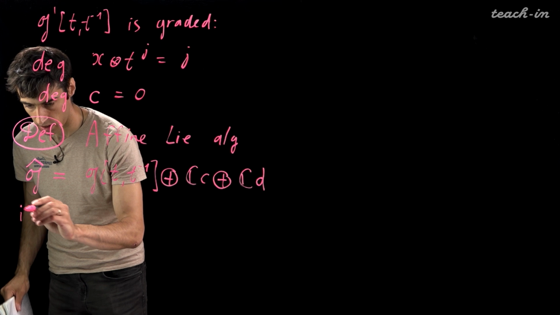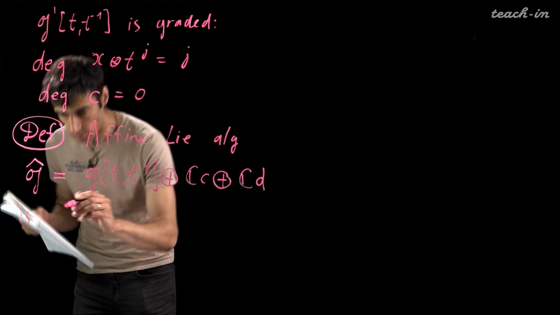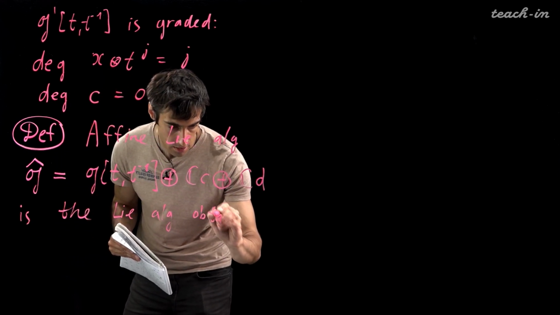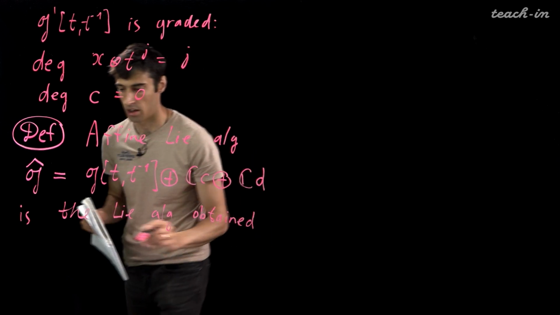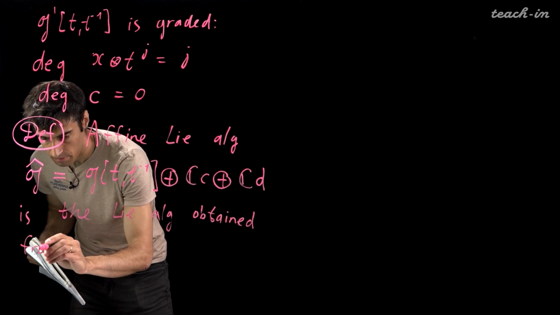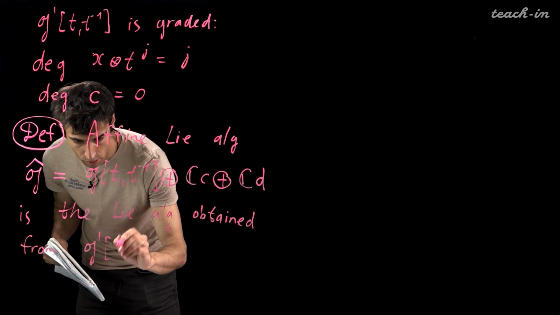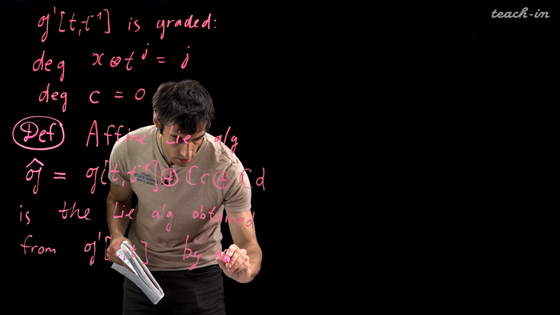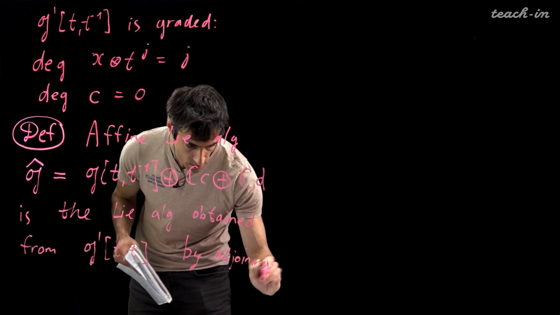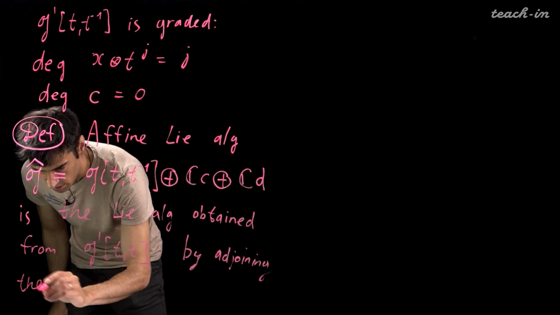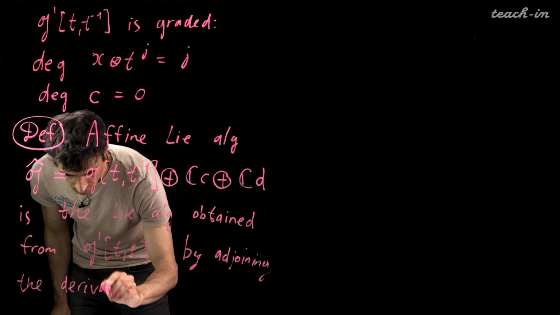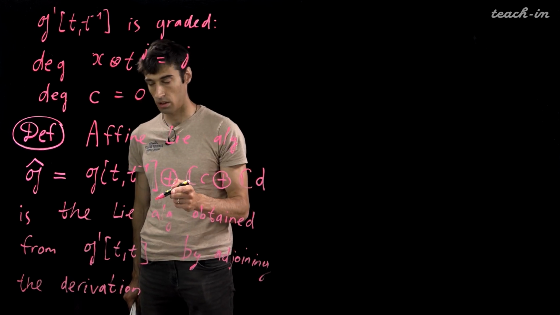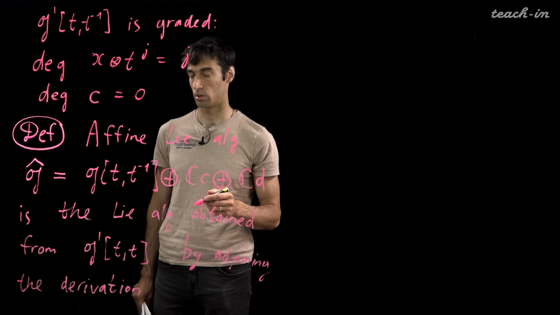It is the Lie algebra obtained from the central extension of the loop algebra by adjoining the derivation that we got when we introduced the grading on g prime.